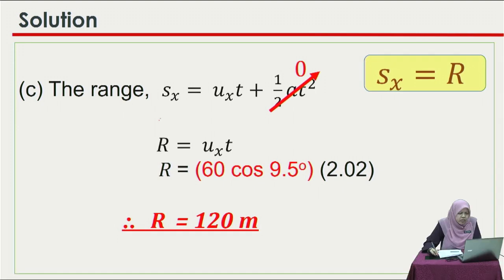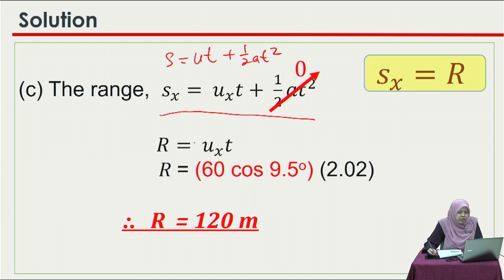So we can use Sx. Since it is on the x component or horizontal component, we may use what we have learned before, S equals ut plus half at squared.